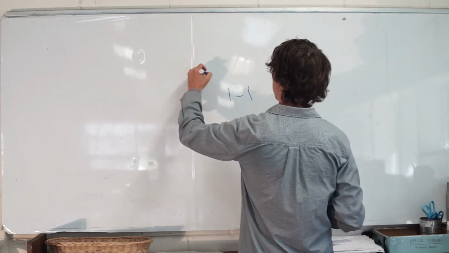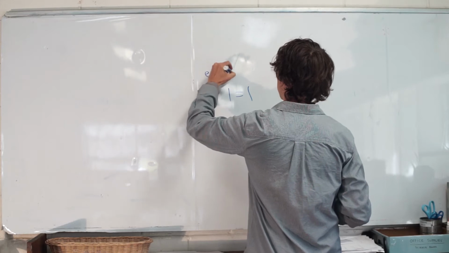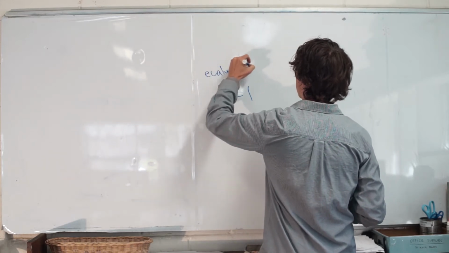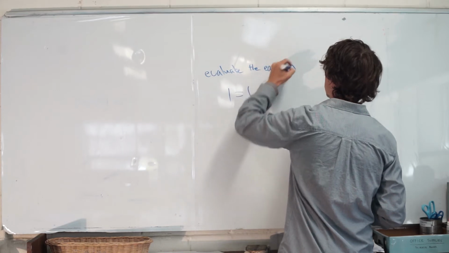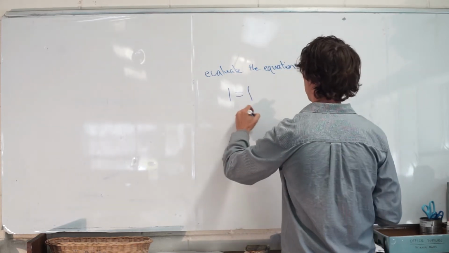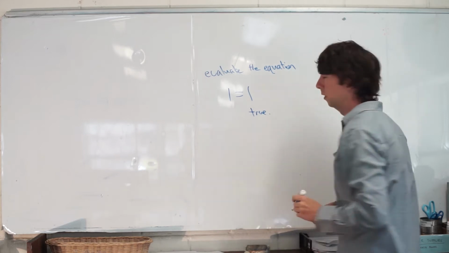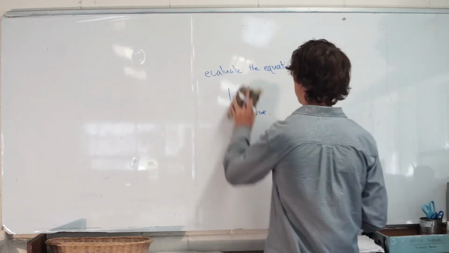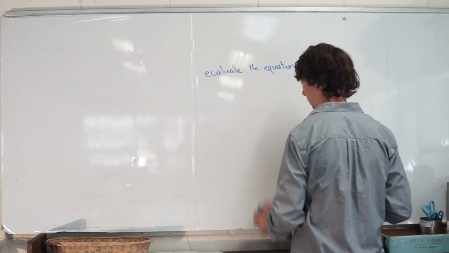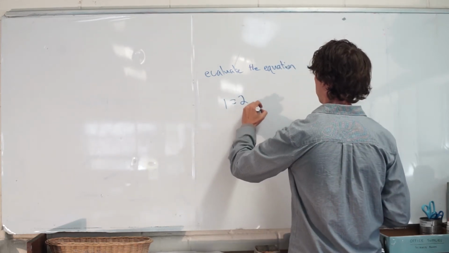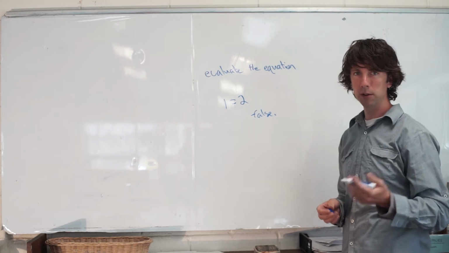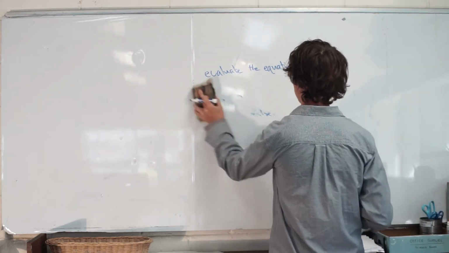So if I said evaluate the equation, you would say true. Okay, so that's simple. As you would expect, if the equation read 1 equals 2, you would say false is the value of that equation. Okay.